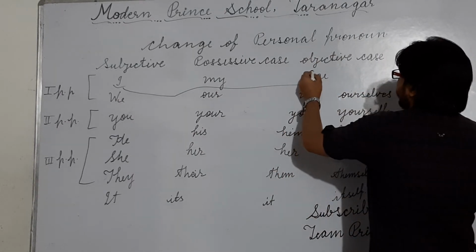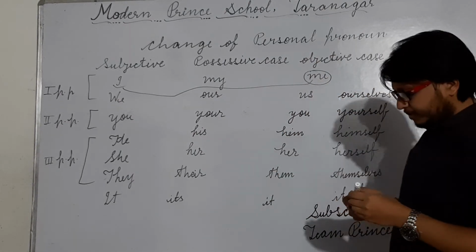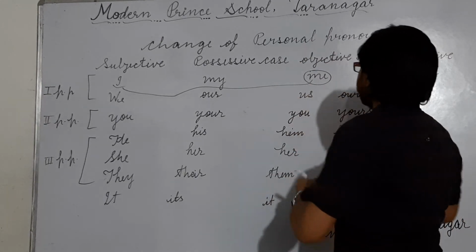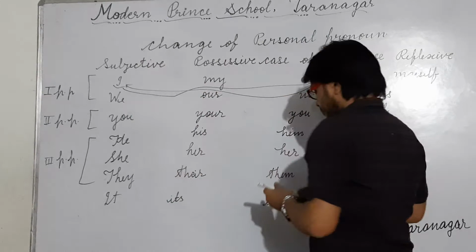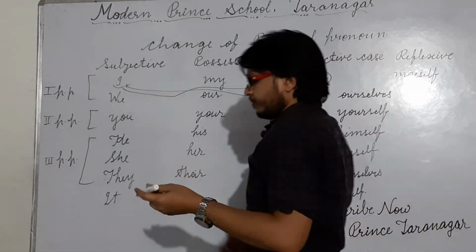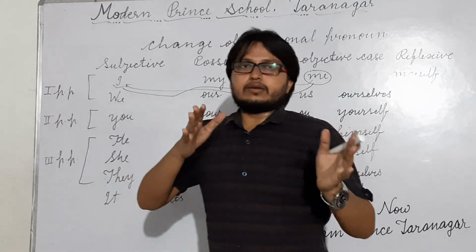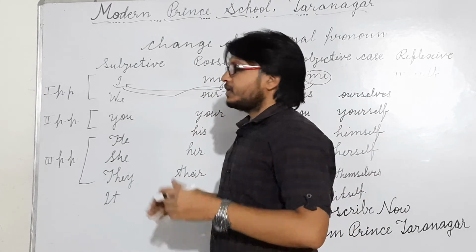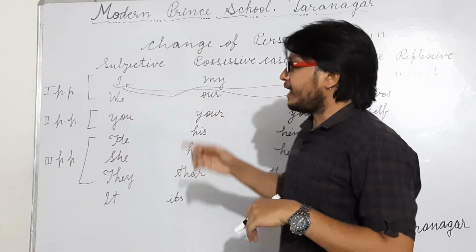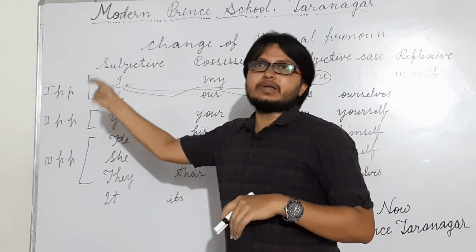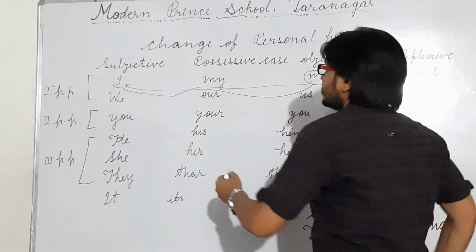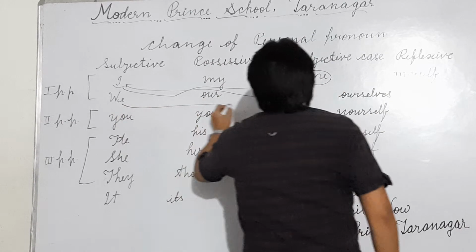If an object in a sentence is changed into subject, then it changes into I. It will be a turnover: the subject changes into object, and the object changes into subject. If there is we, it will change into us.